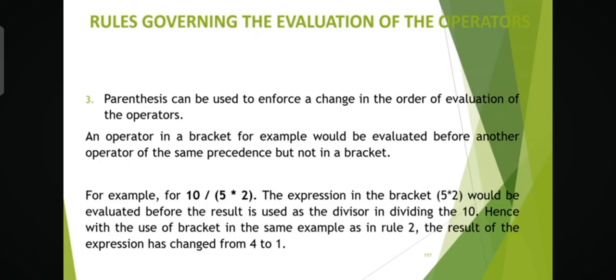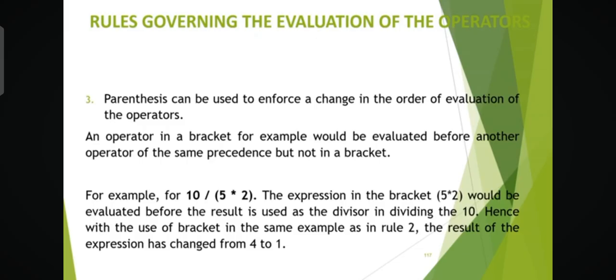So an operator in the brackets, for example, would be evaluated before other operators that are not inside the brackets, even if they are of the same precedence. So, for example, with what we had earlier, let's say we were doing the same 10 divided by 5 multiplied by 2. But we agree that we want to get the multiplication done first instead of doing the division first.